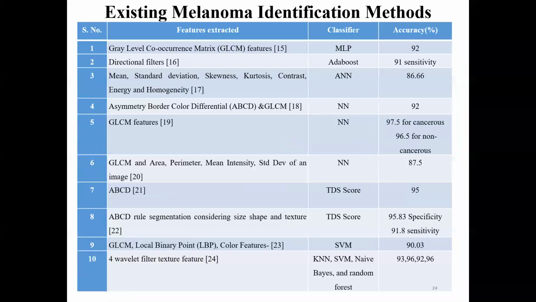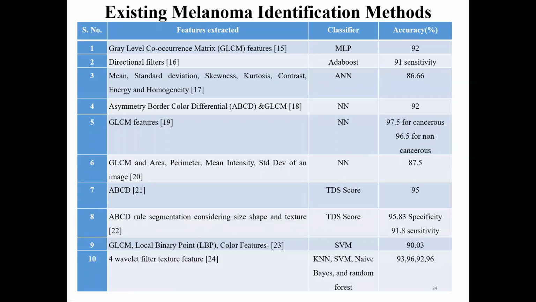And when it comes to the melanoma identification method, in this case, gray level co-occurrence matrix GLCM features are taken into account in the first research paper, and then an MLP multi-layer perceptron classifier is used and achieved 92% accuracy.